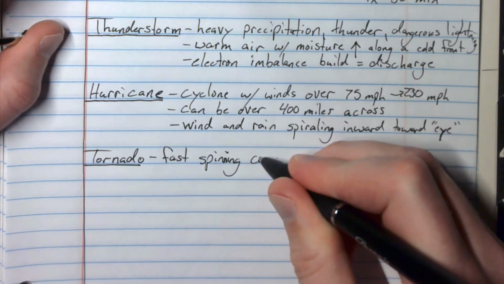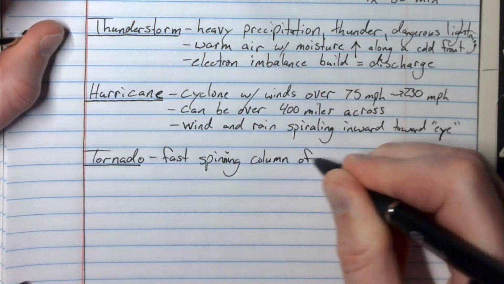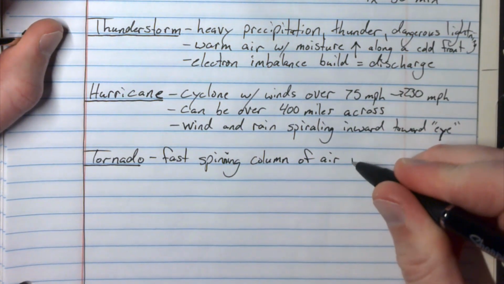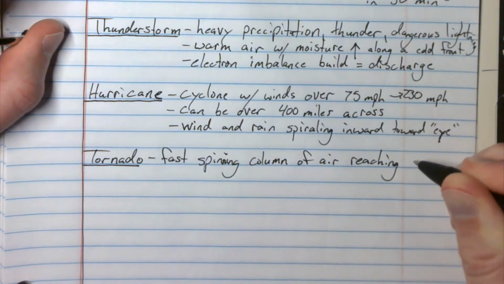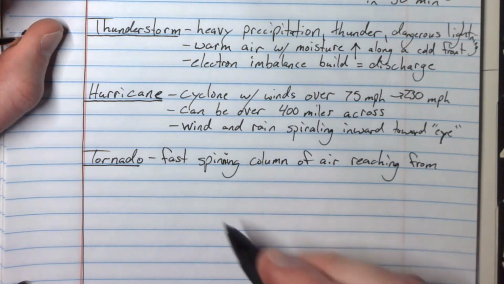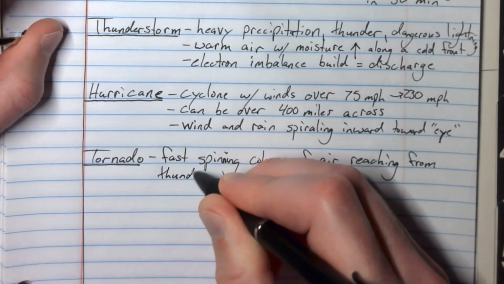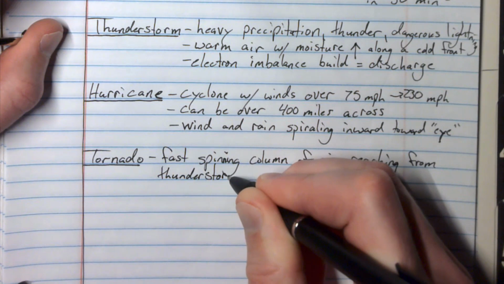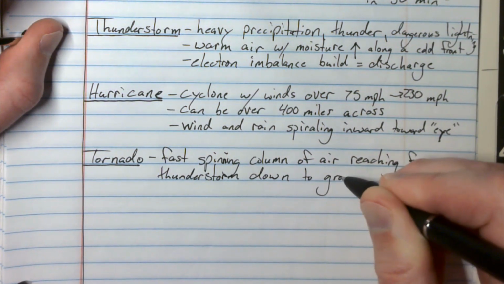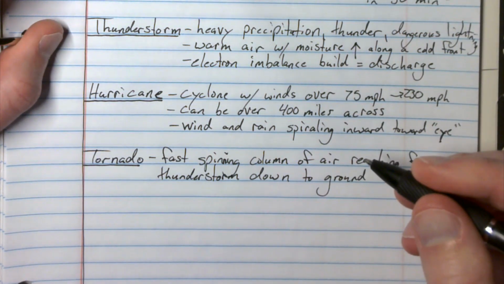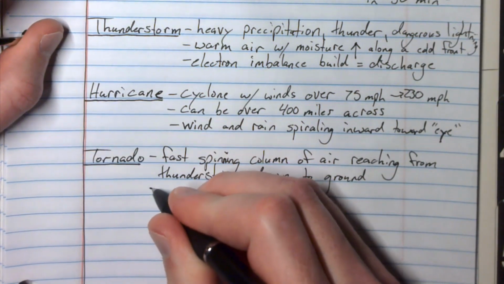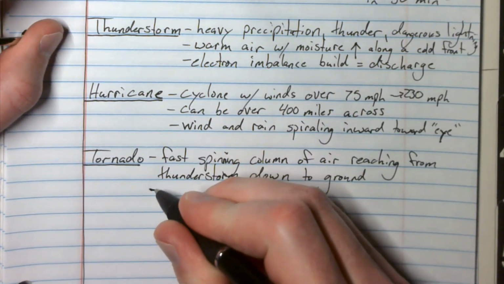Spinning column of air, and it is reaching from a thunderstorm, actually, down to the ground. It is brief, usually only around 15 minutes is the most they'll last.